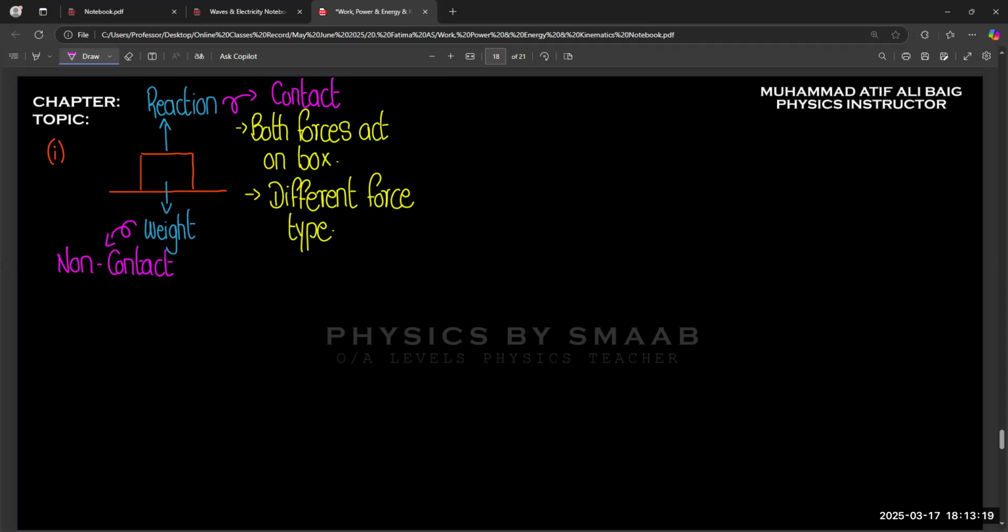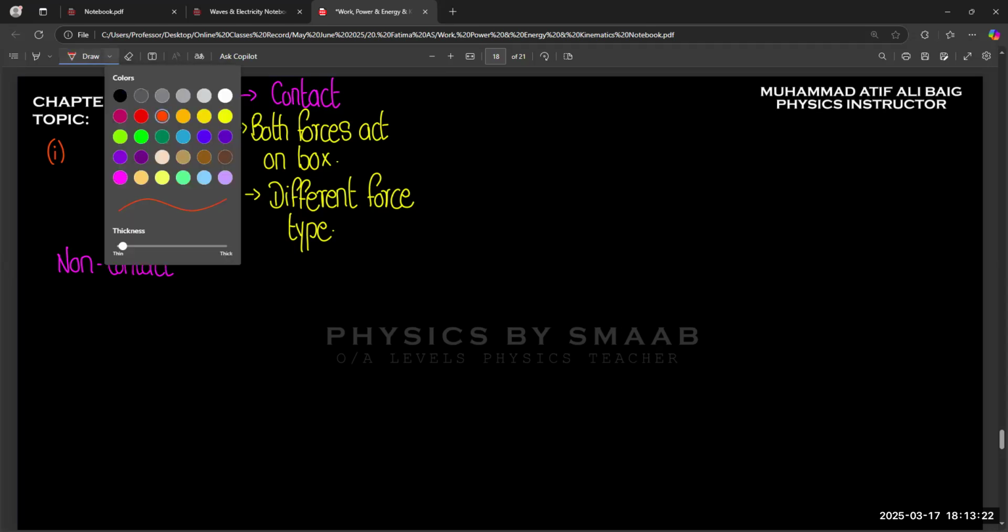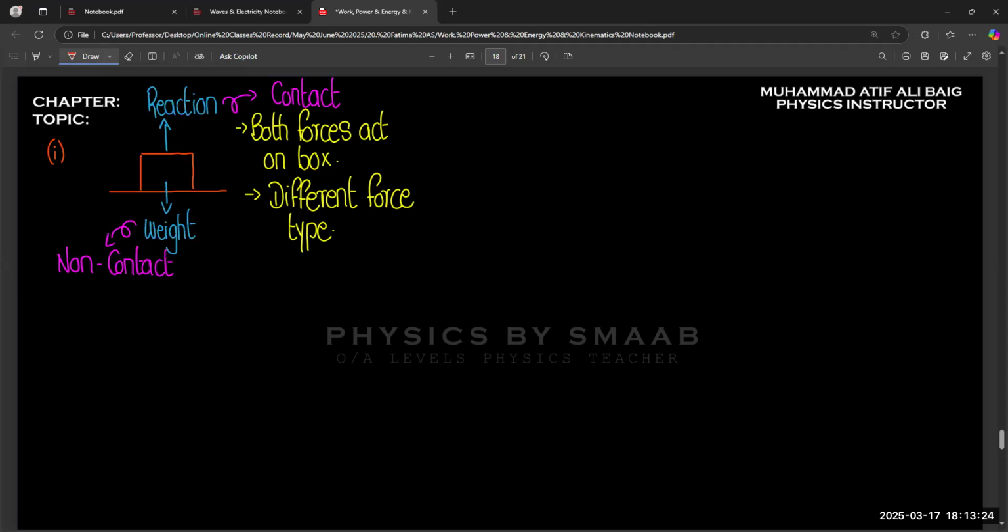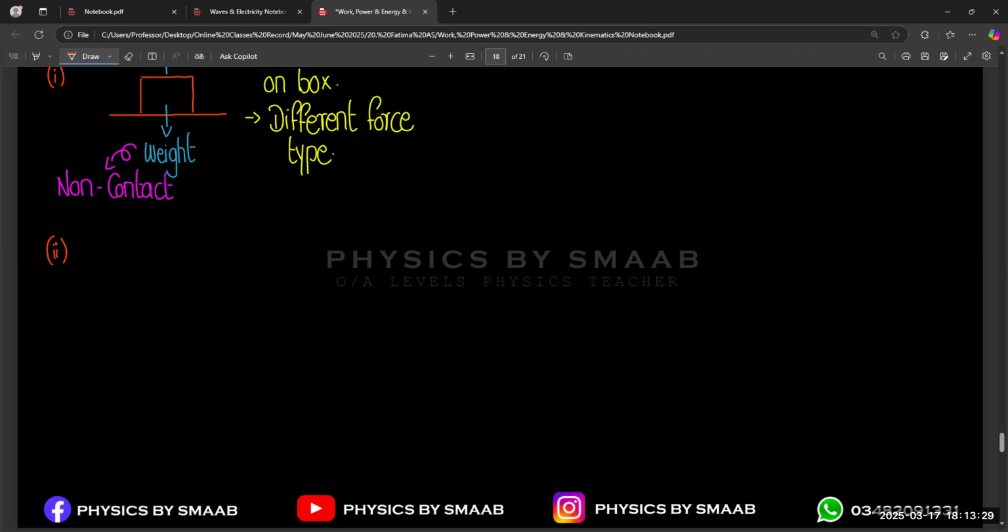And if we want to consider Newton's third law in this type of situation, we have another idea. Let's suppose we consider the same object at a certain height. Now at this point, the weight of the object is acting in the downward direction, and one force towards the box. So these two forces are opposite.